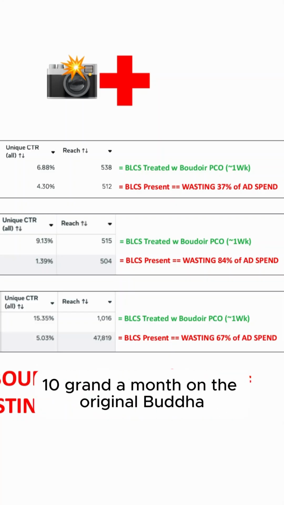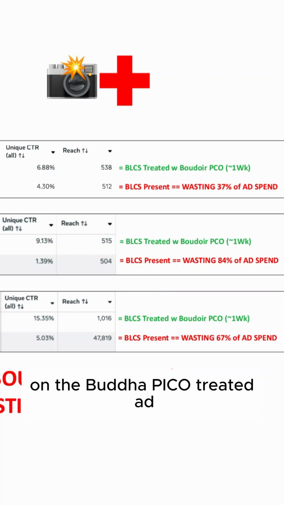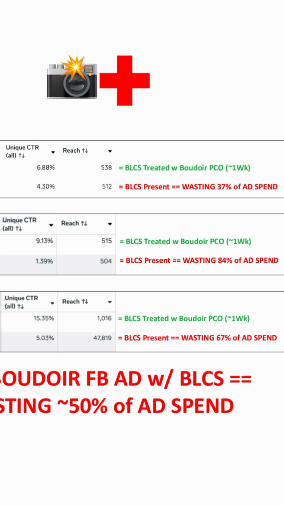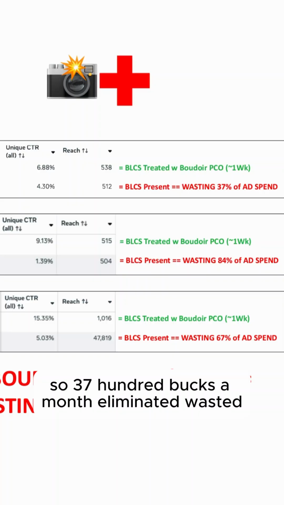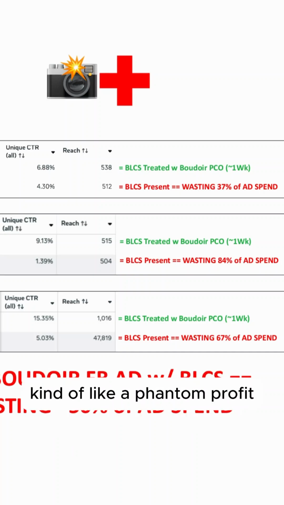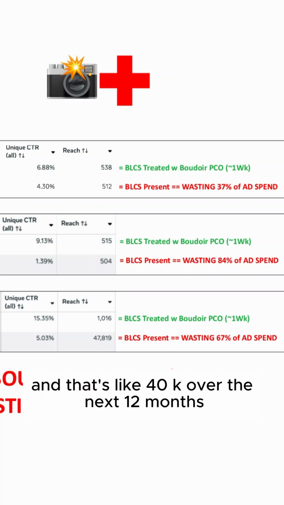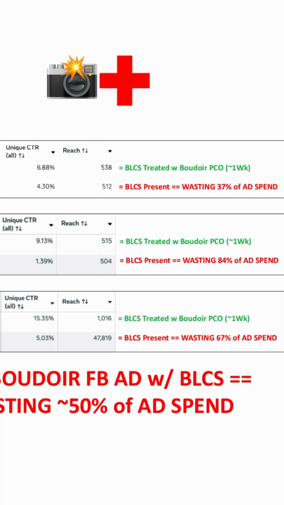If they're spending 10 grand a month on the original ad, now they only need to spend 6,300 bucks a month on the Boudoir Pico treated ad to get the ad into the same number of women's brains in both scenarios. So 3,700 bucks a month of wasted ad spend is eliminated and back in the owner's pocket. They no longer have to spend it, kind of like a phantom profit. That's like 40K over the next 12 months without having to do any extra work.